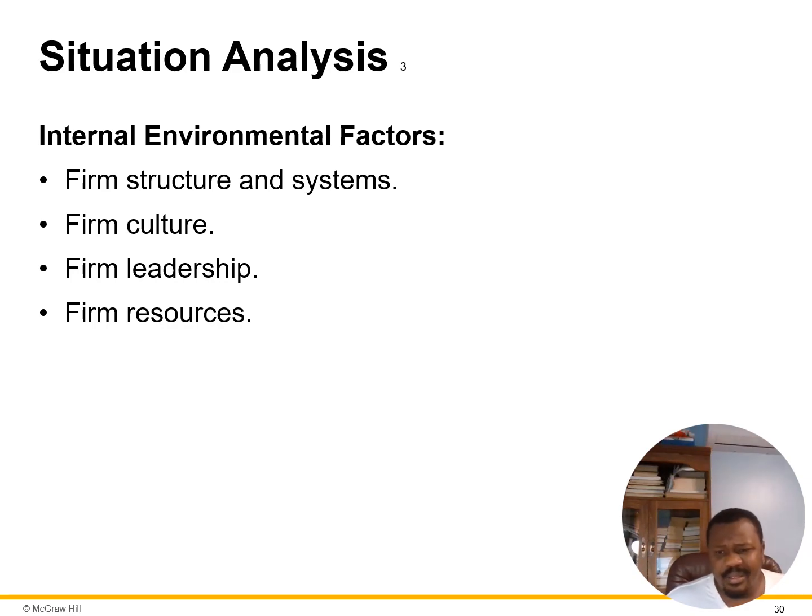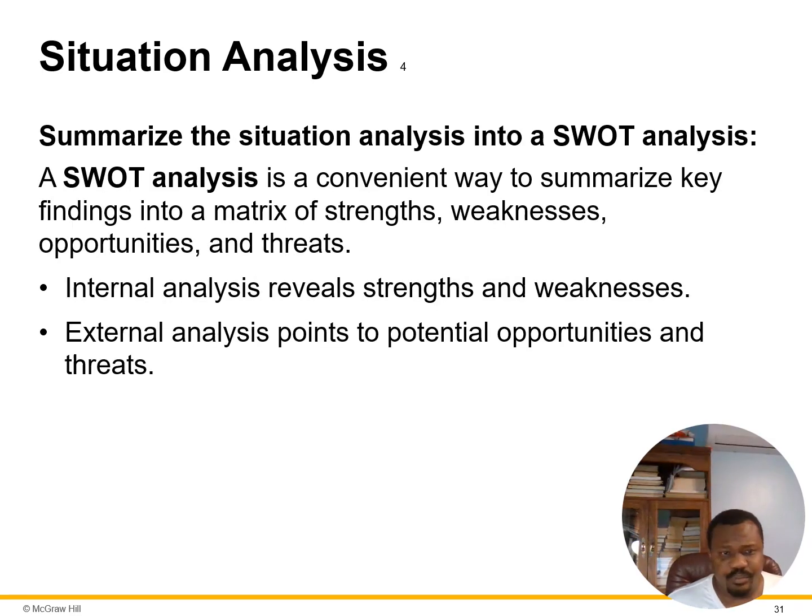These are very key issues when it comes to marketing. So with the internal environmental factors, you look at the firm structure and systems, firm culture, firm leadership, and resources.